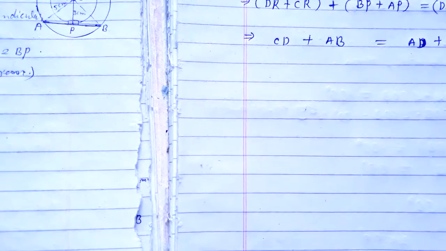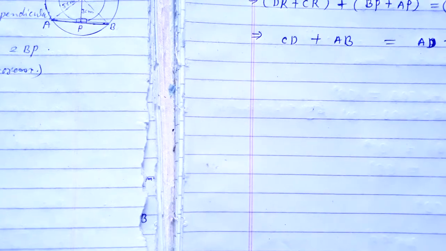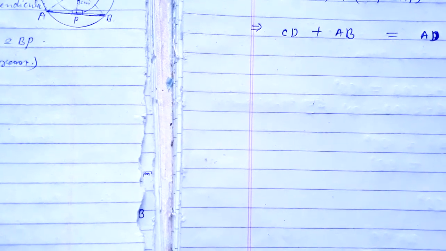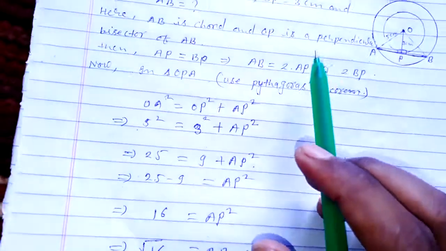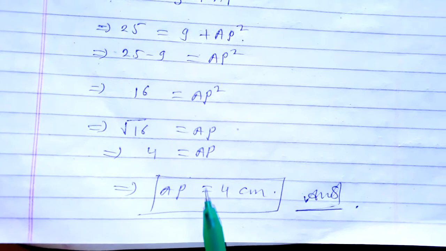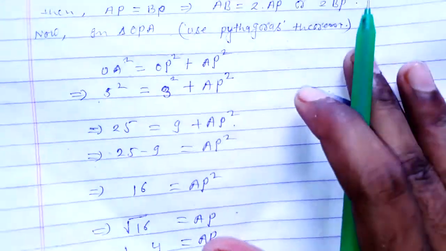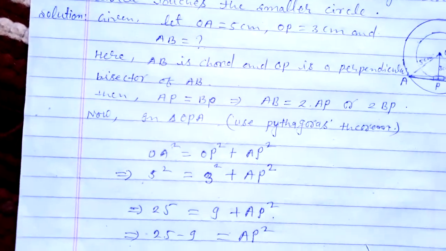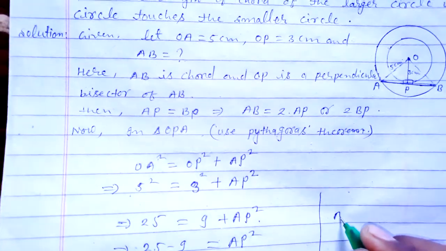Good morning everybody. Today we will discuss question number 8, but first we will finish question number 7, because we will actually find the value of AB. Here we found AP equal to 4 centimeters. So, to further solve question number 7, we find AB.